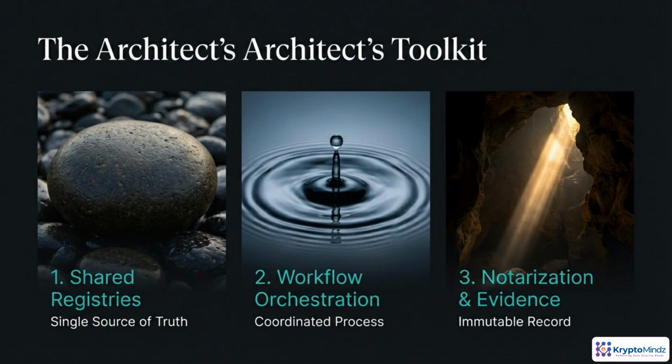When you design blockchain-based trust infrastructure, think in three reusable patterns. First, shared registries. This is your single, authoritative view of who and what exists: organizations, licenses, identifiers, keys, or reference datasets. The benefit is controlled write access with a globally visible history. Second, workflow orchestration.